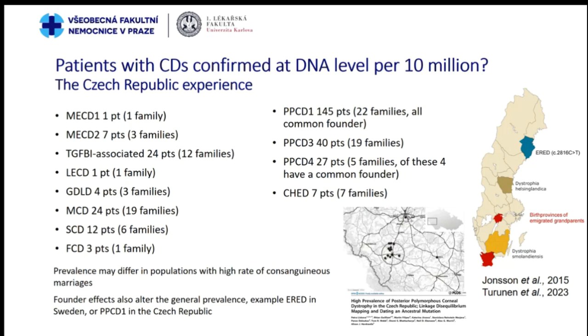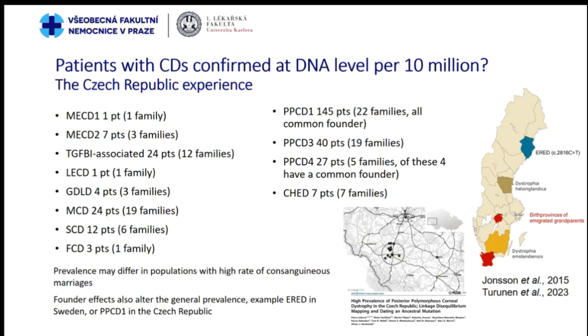As for PPCD1 and PPCD4, the situation is different because this is influenced by founder effects. Similarly, founder effects are very often present in Finland or Sweden, as for ERED. So sometimes you cannot really rely on data from one population.